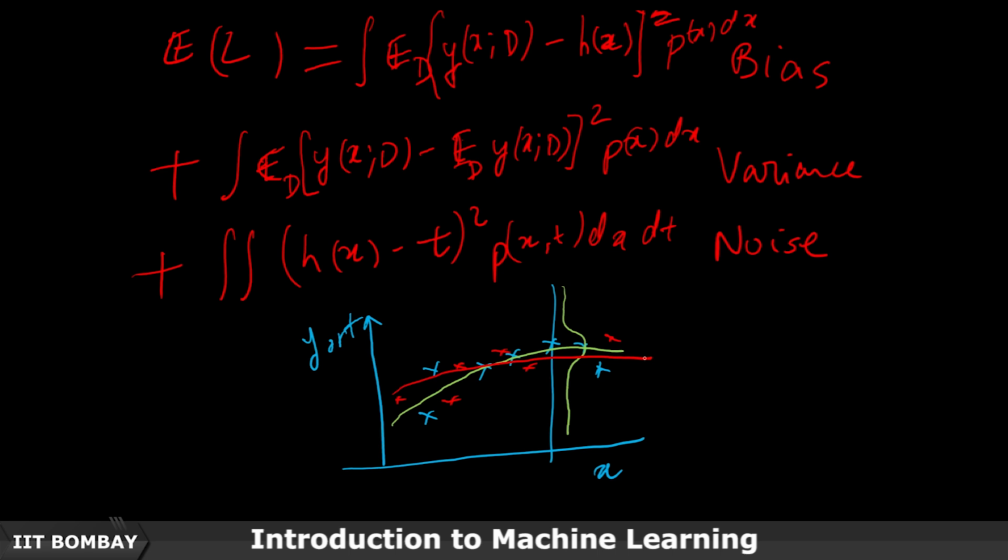Now because all these three terms are positive, if we increase the complexity of the model, a complex model can decrease the bias. It will keep decreasing the bias because it can fit more and more exactly to the given data.